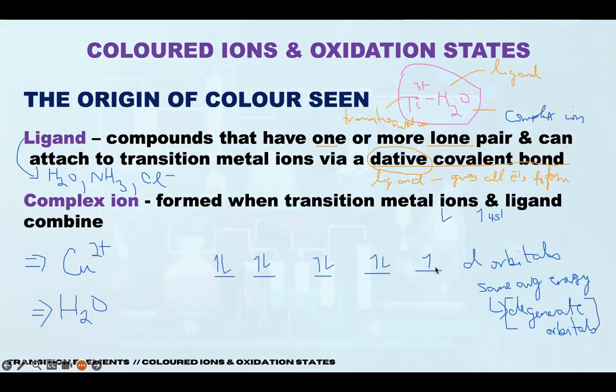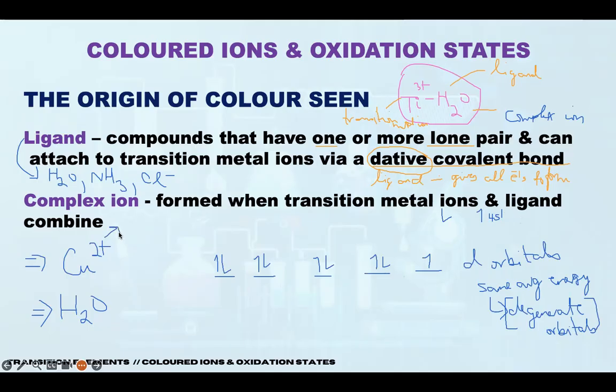And then the other one that would have been beside it in the completely filled d orbitals is gone as well, because it lost two. So if we're drawing the electronic configuration of the Cu2+ ion, this is how it would look: we have four of our d orbitals filled, and one half-filled one, because one would have been gone along with the 4s since it lost two.